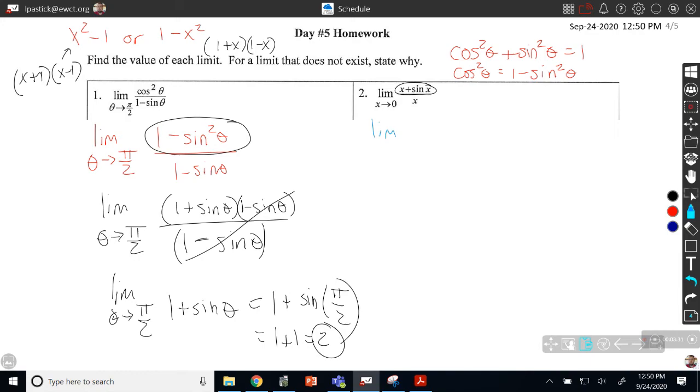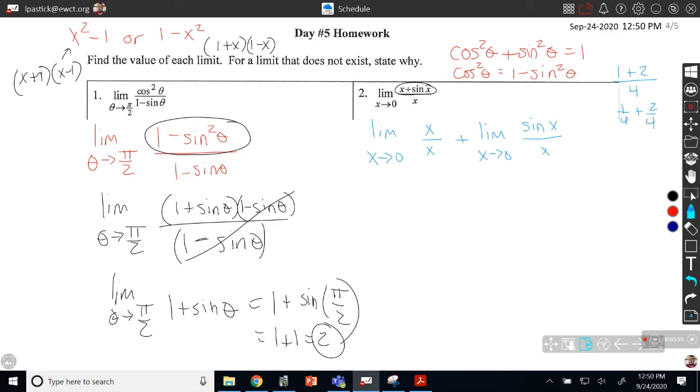Let's see what happens. Limit as x approaches 0 of x over x plus limit as x approaches 0 of sine of x over x. That's the same idea as 1 plus 2 over 4 being the same as 1/4 plus 2/4.